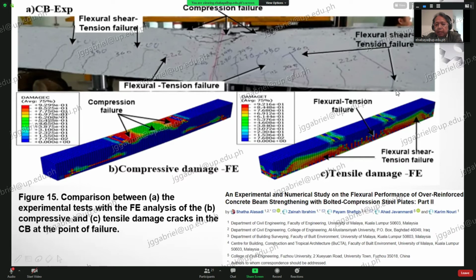Ayan. They are magnified here, just like the picture we've shown. And then there is crushing in here, sa upper portion. So they're actually compression failure. As we mentioned, that part of the beam is subjected to compression.